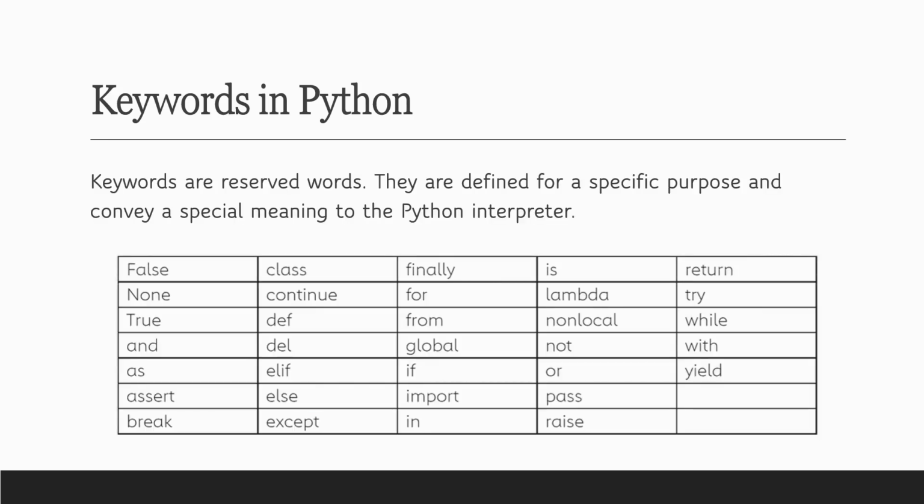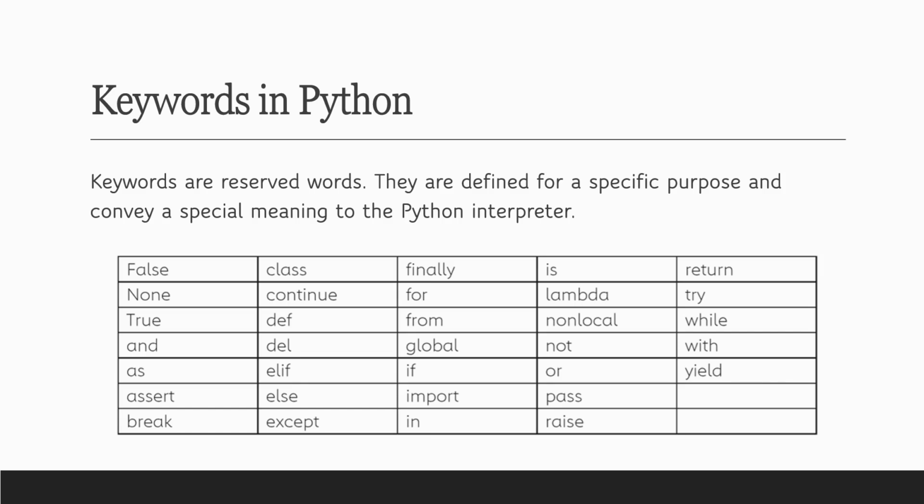Words in Python. In Python, we often use words to give instructions, but some words are very special. They are called keywords. Keywords are reserved words, which means they are already defined in Python for a specific purpose. Each keyword carries a special meaning, and the Python interpreter understands them in a unique way.